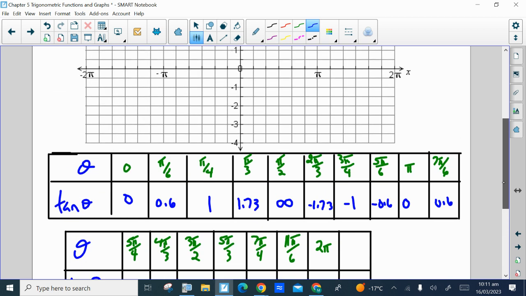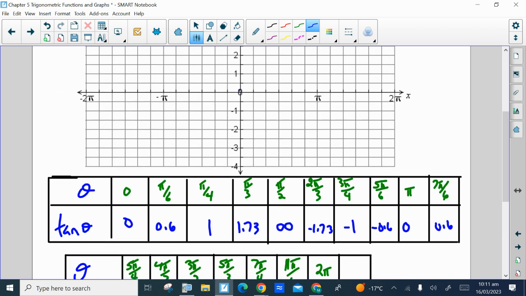So we can plot these on a graph. We have the point 0, 0. At pi on 6, which is the scale of this graph, between 0 and pi, it's divided into 1, 2, 3, 4, 5, 6 equal sections. So each section is 1/6 of pi, or pi on 6. So at pi on 6, we're at 0.58, just above 0.5.